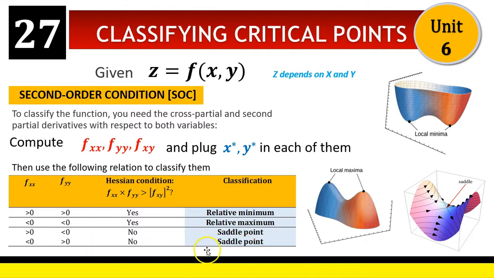Instead, this will be classified as a saddle point because, as you can see in this graph, it will be convex for one of the variables and concave for the other variable.